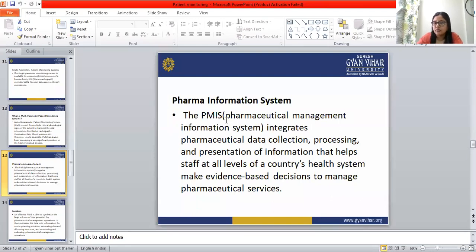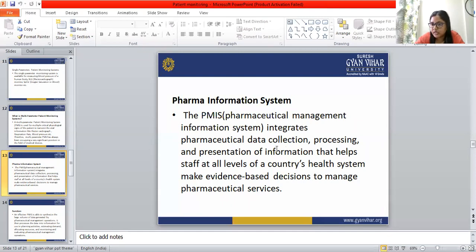The pharmaceutical management information system integrates pharmaceutical data collection, processing, and presentation of information that helps staff at all levels of the country's health system make evidence-based decisions to manage pharmaceutical services. First is the collection of the pharmaceutical data, then processing of the data, and presentation of the information.